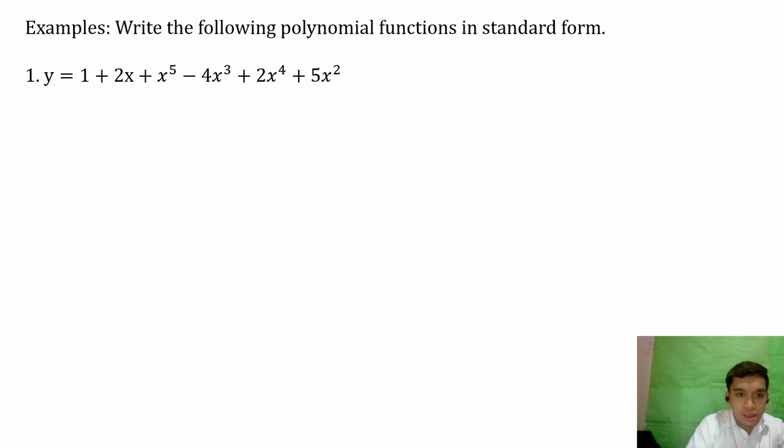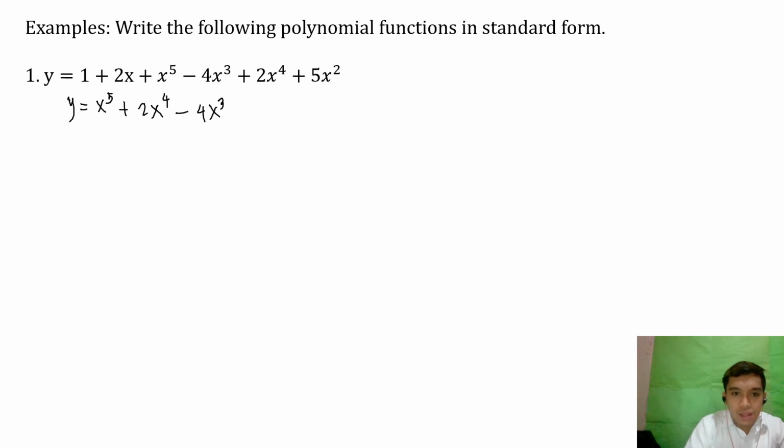So number 1, y is equal to, pinakauna ay yung term na may pinakamalaki ang exponent, which is x raised to 5. Then next is yung plus 2x raised to 4. Next is yung negative 4x cubed.